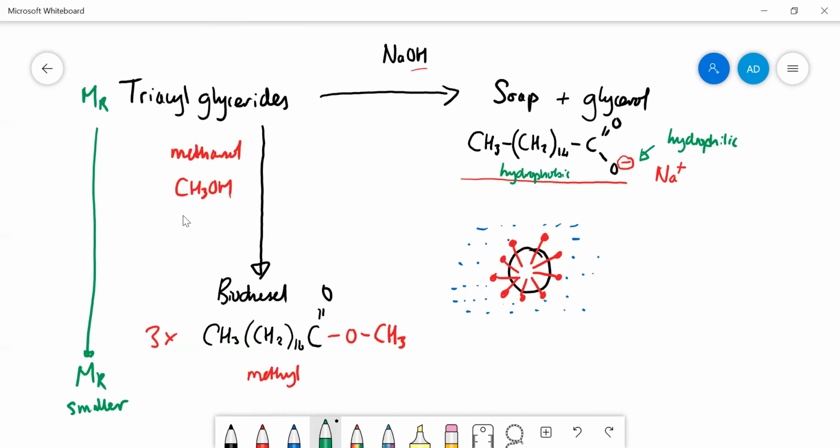So that's simply what biodiesel is, these methyl esters, and they can go straight into a diesel engine, and they don't wreck it or anything. Apparently it's perfect, and they can turn old chip fat into diesel that they use in taxis. You've probably seen videos or news about it. So anyway, we talk about these 2 processes in a later video. Okay, but we'll leave that there for the time being.